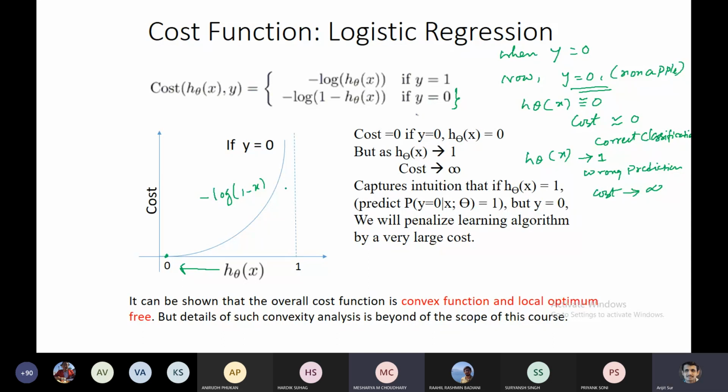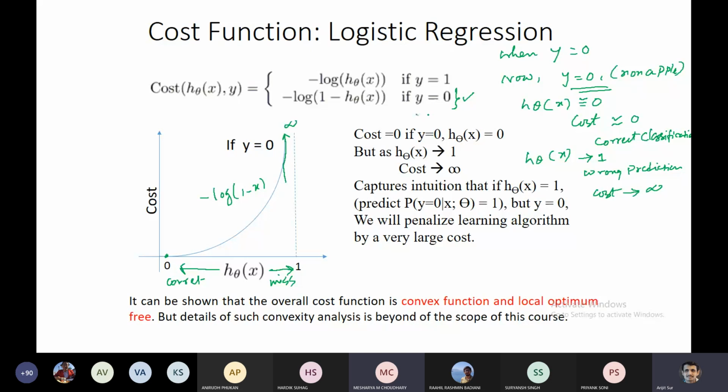On the other hand, if it goes to 1, that is a misclassification. This is the correct classification, and this is a miss, so the cost goes to infinity. So this captures the intuition that if h theta x is equal to 1 and you predict 1, but y is equal to 0, we penalize the learning algorithm with a very large cost. So now we understand this is also part of our cost function.